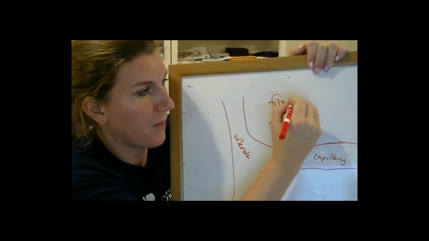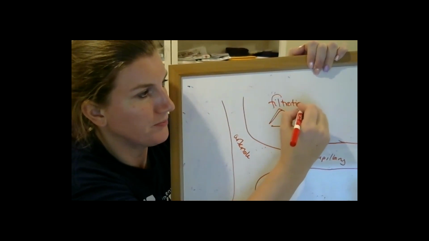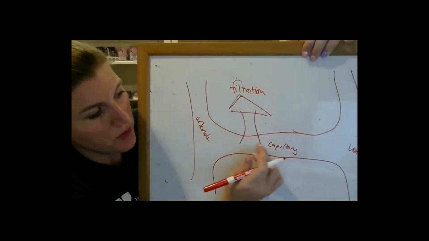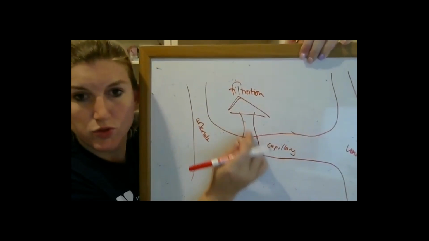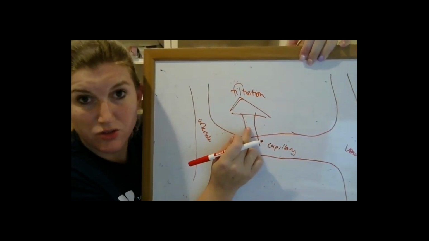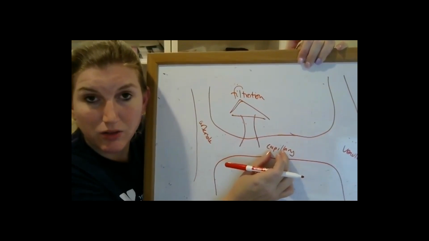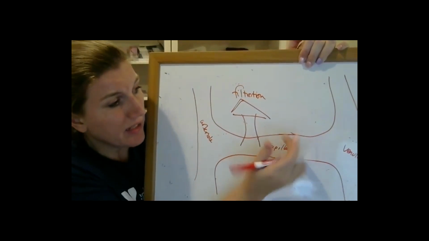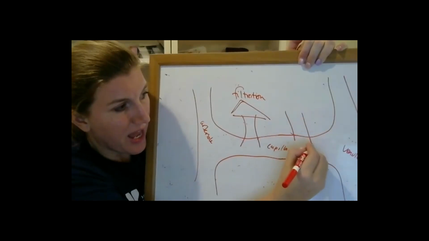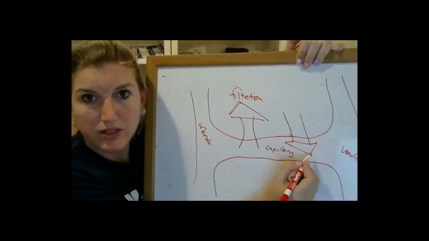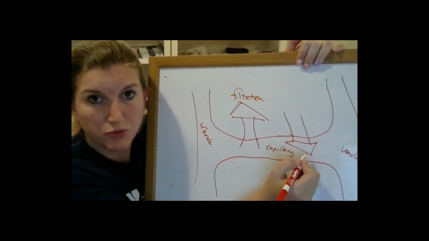Filtration is dominating on this side. As the blood moves through and all of that water and solutes are leaving, what we have now is a bunch of plasma proteins. Now our blood colloid osmotic pressure is higher, and so now we have a negative net filtration, which is going to be reabsorption. It's going to cause reabsorption.